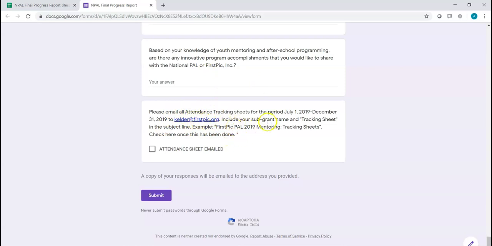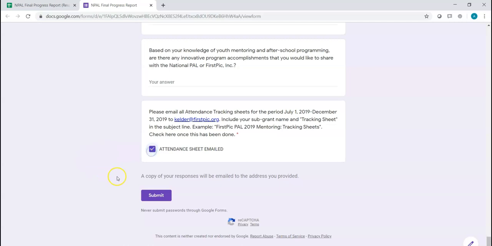Just make sure that you include your subgrant name and tracking sheet in the subject line. So for example, First Pick PAL 2019 mentoring tracking sheets. So you would just put your organization name here and then make sure that you mention tracking sheets and email that over. I highly, highly recommend that you just do that and get that out of the way right now.